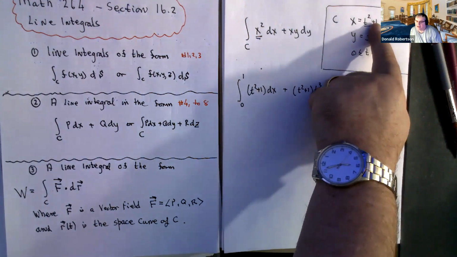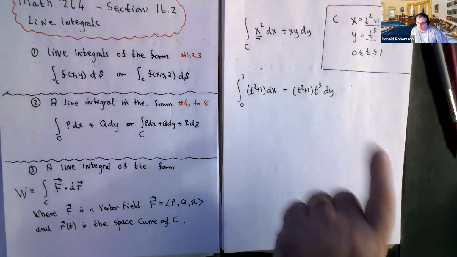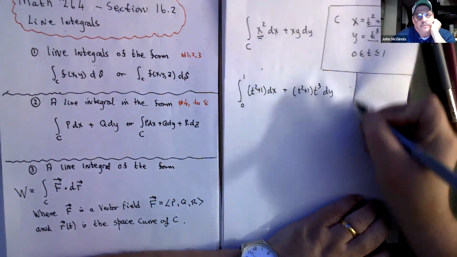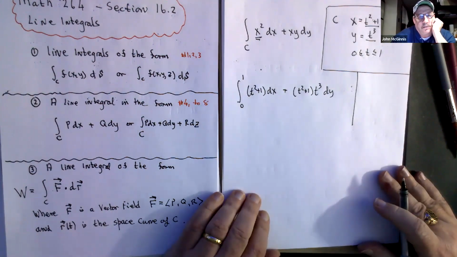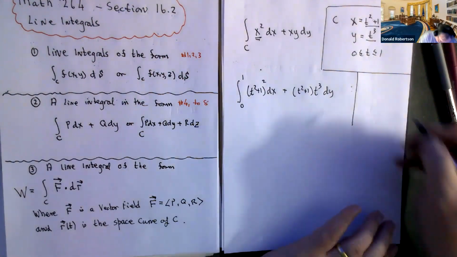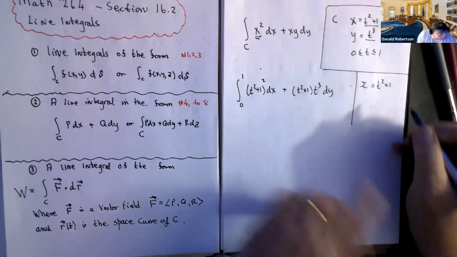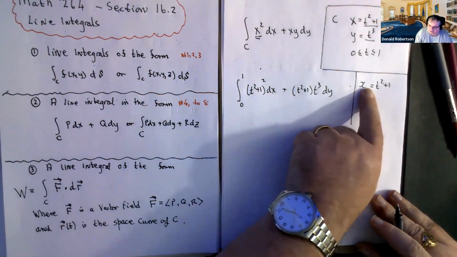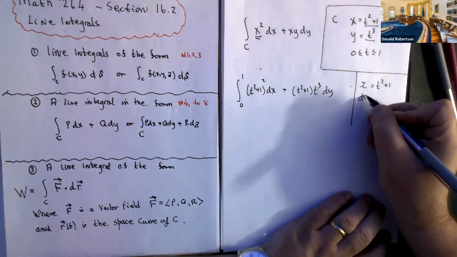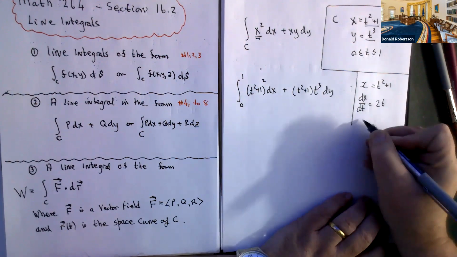The x comes from the curve. The y also comes from the curve. Now, you have to square the t squared plus 1. Well done. Now, to find what dx is, take this guy, differentiate it with respect to t, and you get 2t.